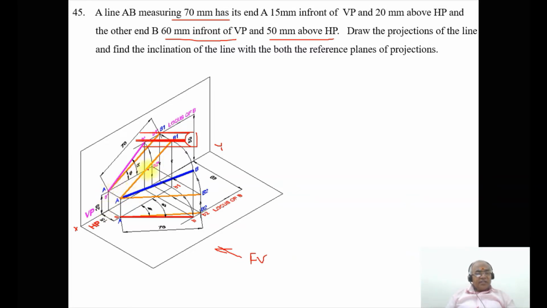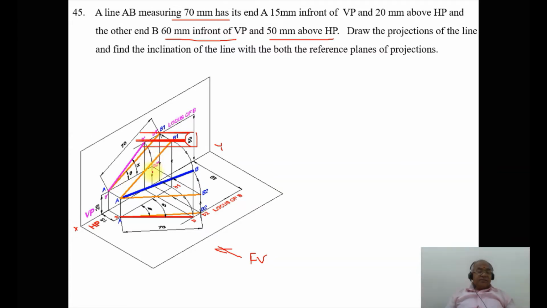Now the line is parallel to HP. So when the true length is in HP, obviously that line should be parallel to XY in the front view. So you can see that it is parallel to HP in the front view. But due to the locus of B, which is above HP by 50 mm, which is already given in the problem, this is AB2, the line which is parallel to HP, parallel to XY.